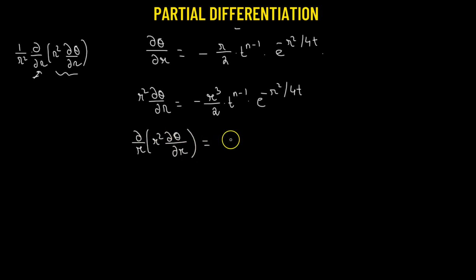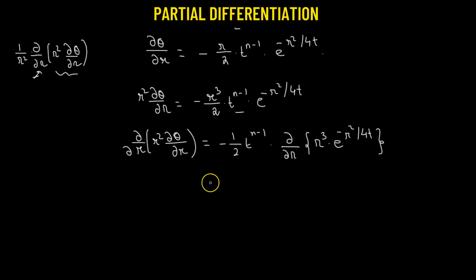Since we're taking the partial with respect to r, t can be considered a constant. So we can take negative half times t raised to the power of n minus 1, which is a constant, and pull it out of the partial derivative. So we have the partial with respect to r of r cubed multiplied by e raised to the power of negative r squared over 4t. Let's find this value.